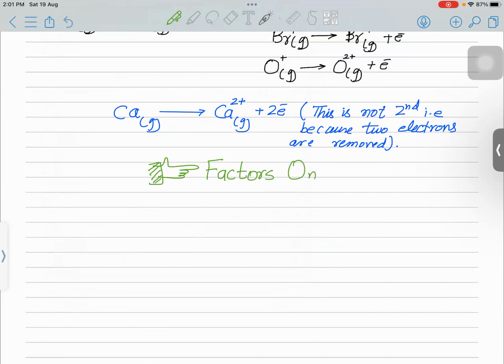Factors on which ionization energy depends. There are four factors.